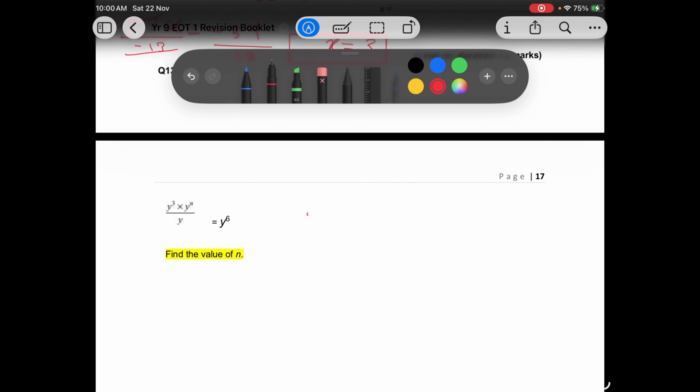You know, guys, that all the y's on the left side can be made like this: y to the power of 3 plus n minus 1 equals y to the power of 6. So you know that 3 minus 1 is 2, so it will be y to the power of n plus 2 equals y to the power of 6.